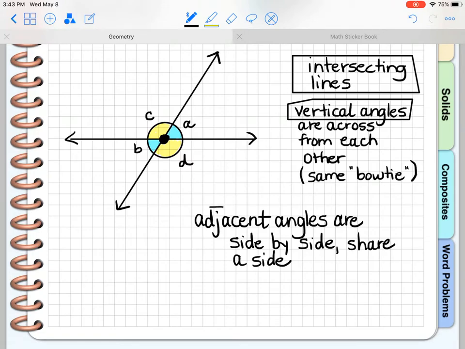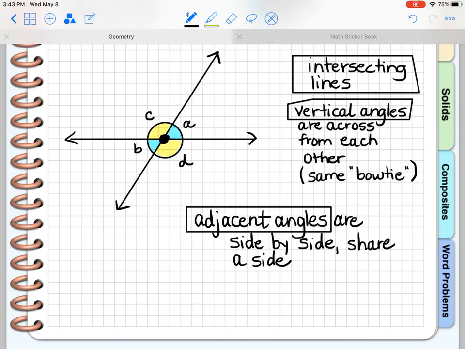So I could tell you by looking at this picture that A is adjacent to C. A blue and a yellow make up adjacent angles. So for adjacent angles, we're looking at half of each bow tie. A is adjacent to C, D is adjacent to B. Any two that share a side are adjacent angles.